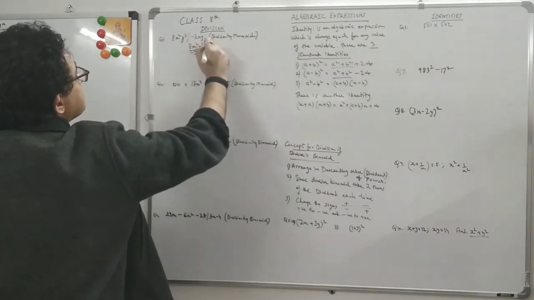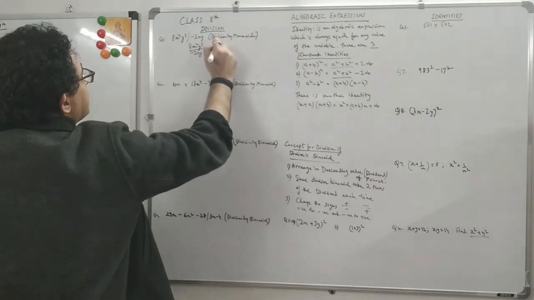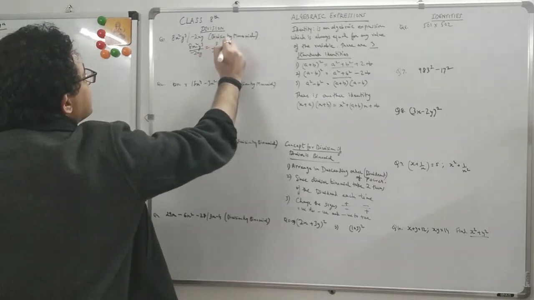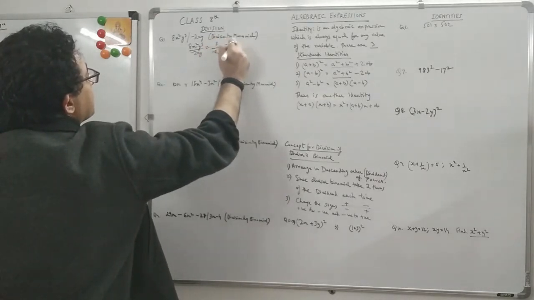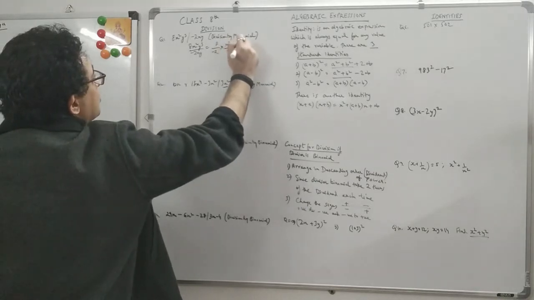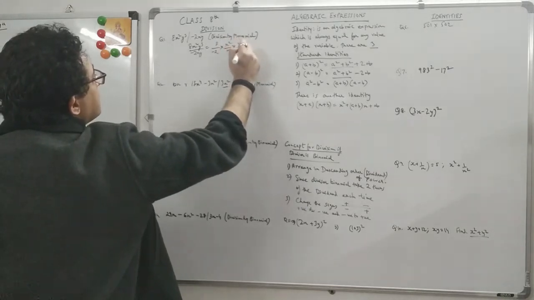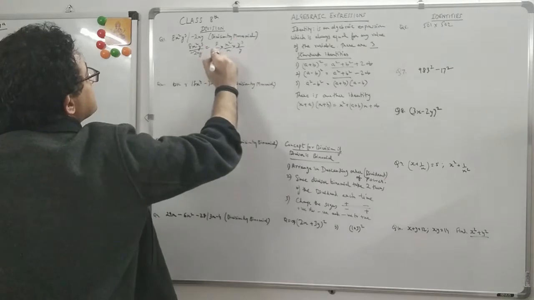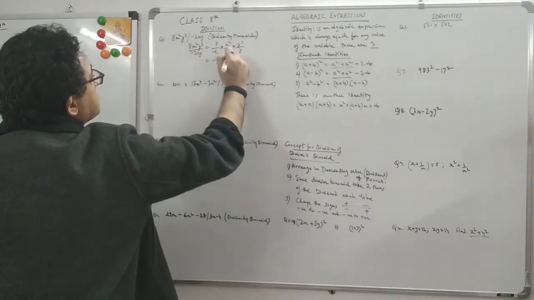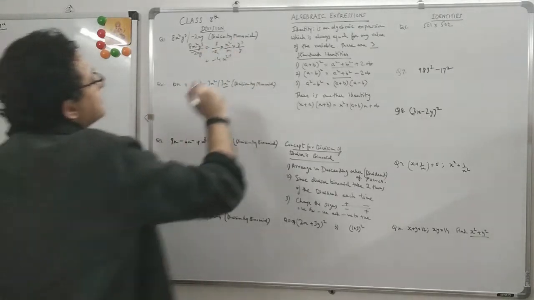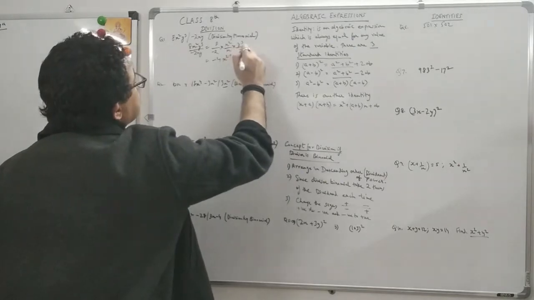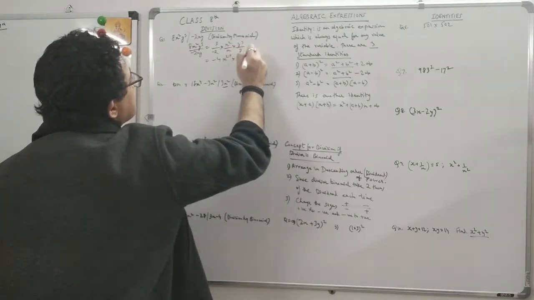You can write this as 8 upon minus 2 into x square upon x into y cube upon y. So this becomes minus 4 x to the power 2 minus 1 into y to the power 3 minus 1.